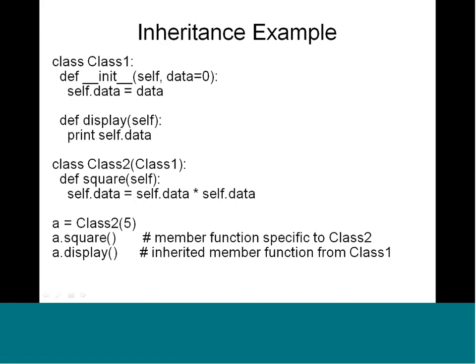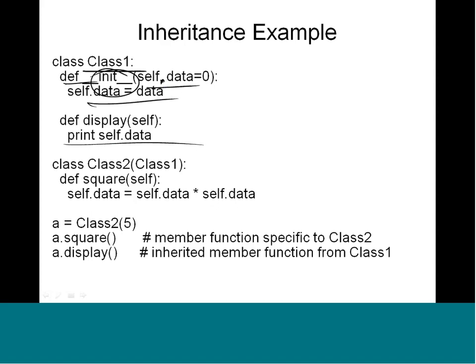So now let's look at an inheritance example, how to do the inheritance. Here we define class 1, and in underscore init we define self.data equal to 0, and those are the starting conditions.